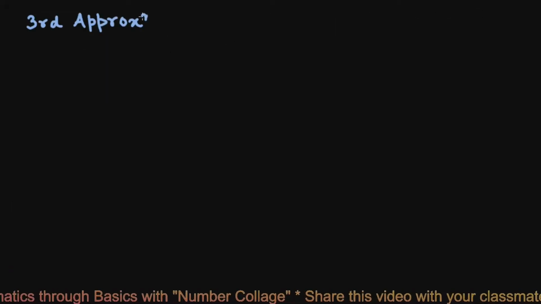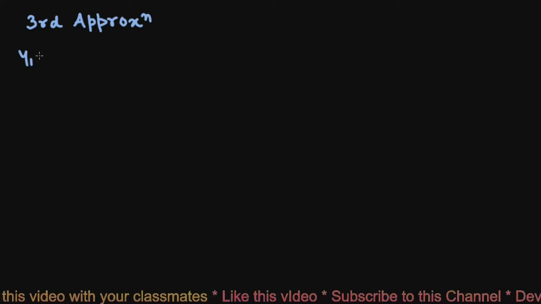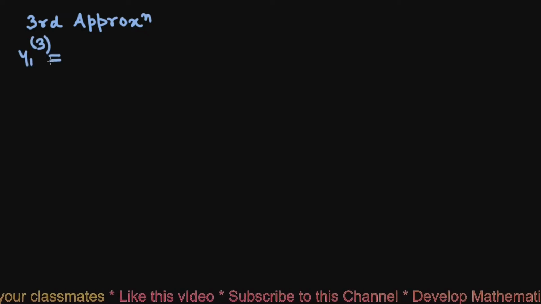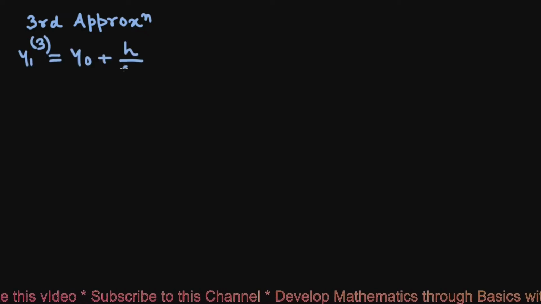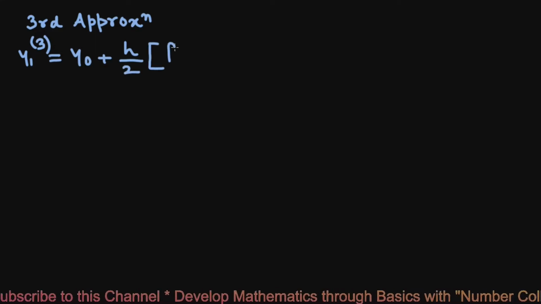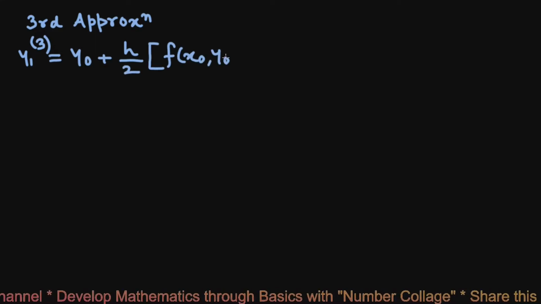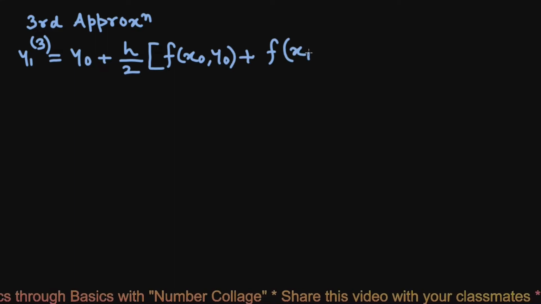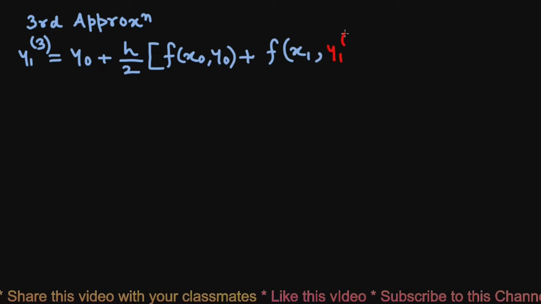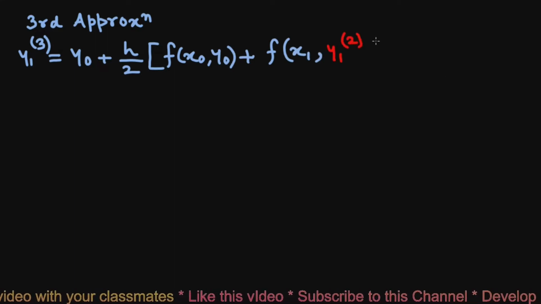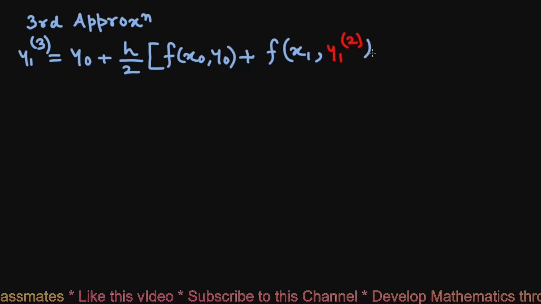In the third approximation we write y1^(3) equals y0 plus h upon 2 times [f(x0, y0) plus f(x1, y1^(2))], that is the value of the second approximation.